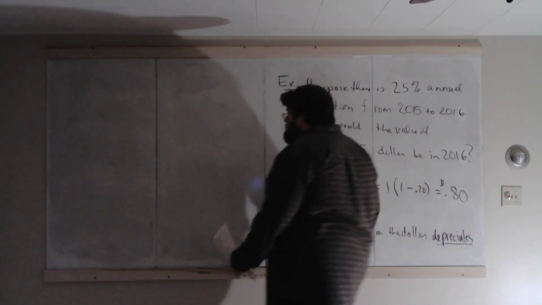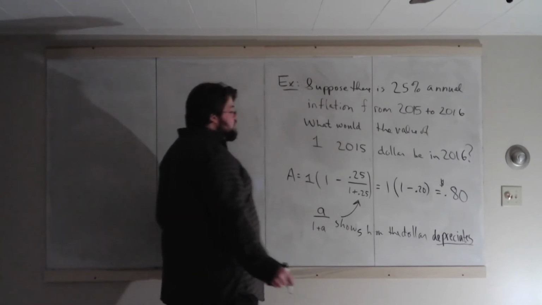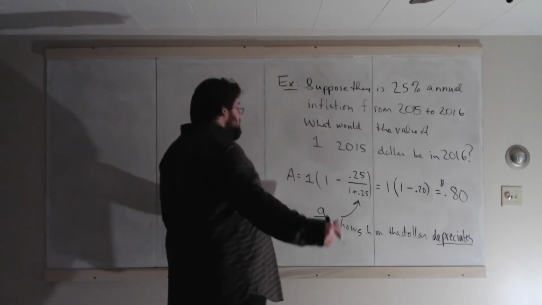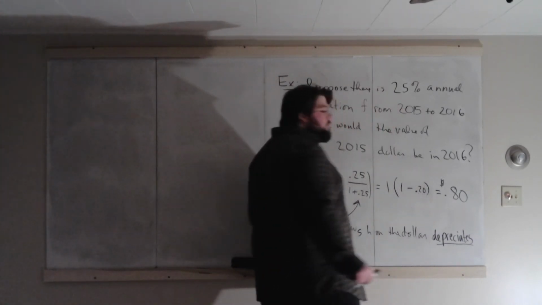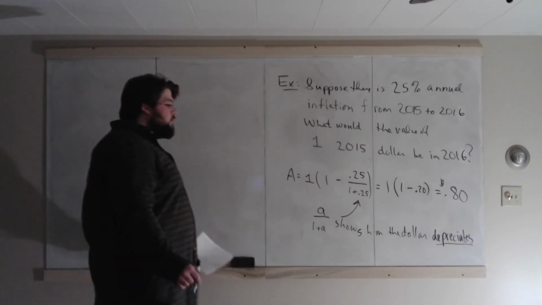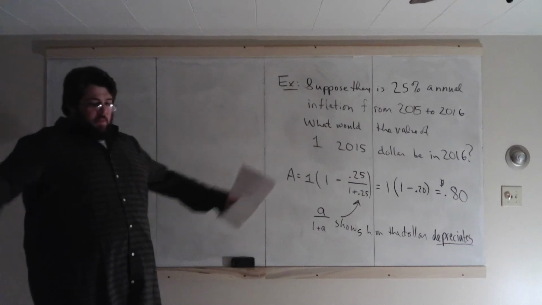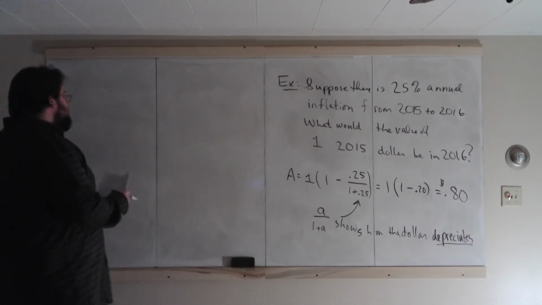So this rate shows how the dollar depreciates, and in general, this formula, A equals P times 1 minus A over 1 plus A, or 1 minus a depreciation rate, can be used in examples of using things that depreciate, like a car, for example, depreciates. A piece of equipment, for example, depreciates.